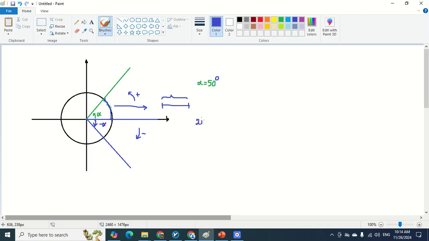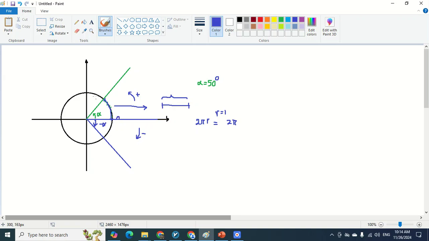You remember from classical trigonometry that the length of the circle is 2 pi r, and r over here is equal to 1, since we talk about the unit circle. So when r is equal to 1, 2 pi is the length of this circle, and as much as you select by the angle from there, you have the radian value as well.